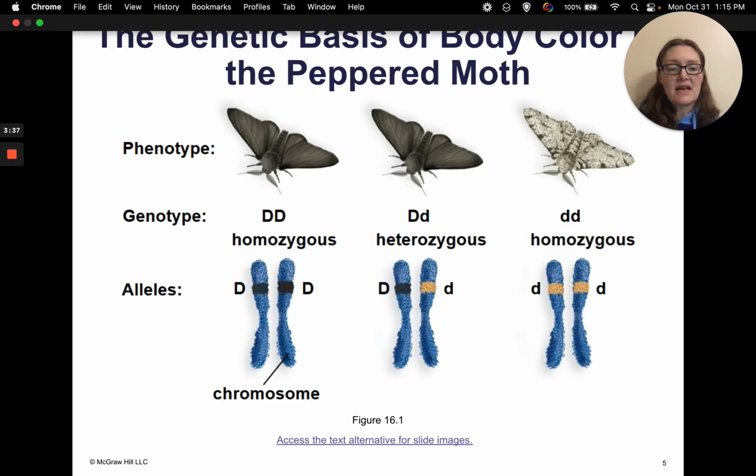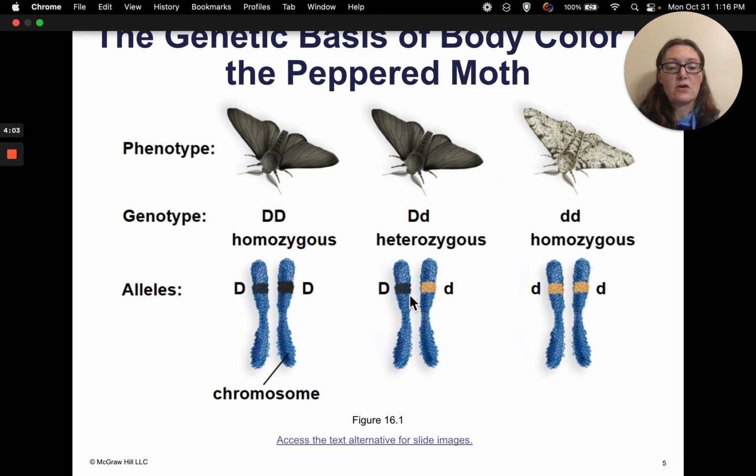So homozygous dominant, heterozygous, and homozygous recessive. How often are we seeing the homozygous recessive appear, and how often are we seeing the homozygous dominant appear? That's what frequency means.